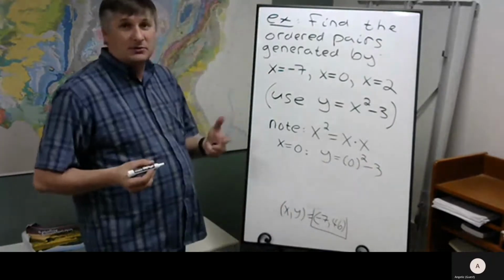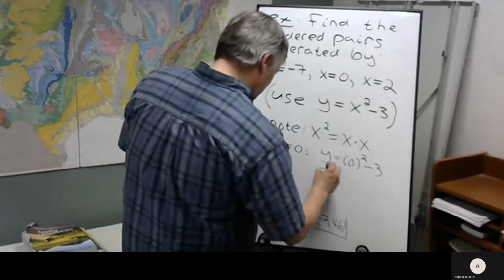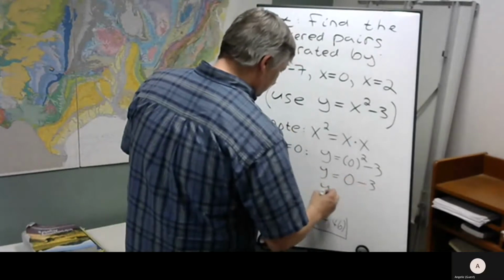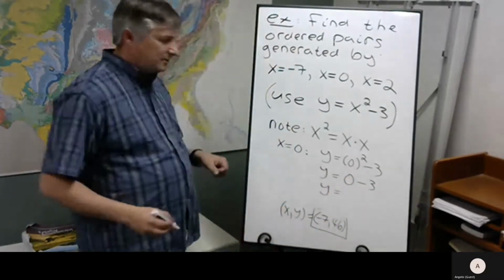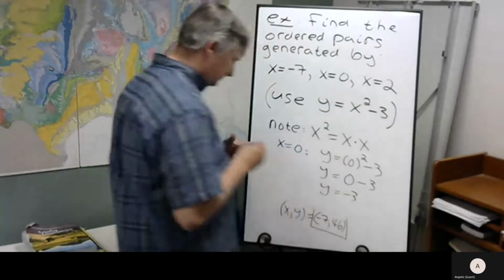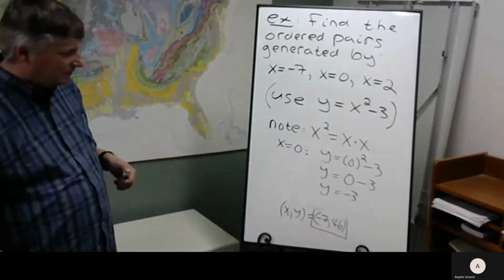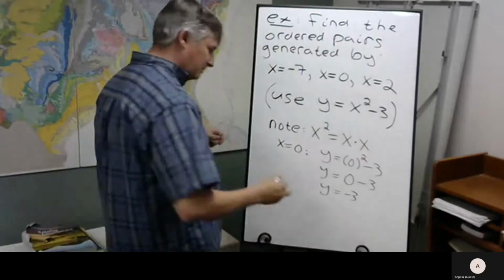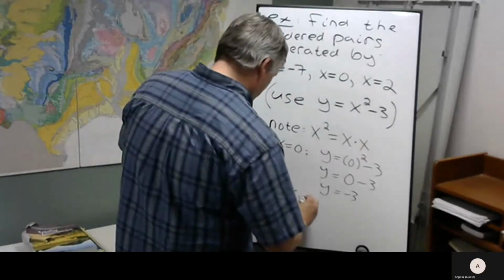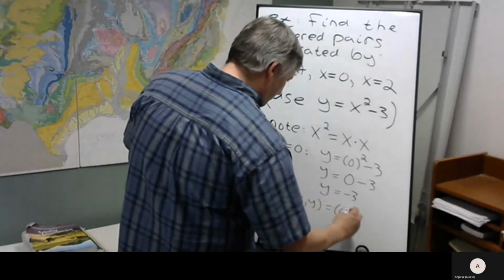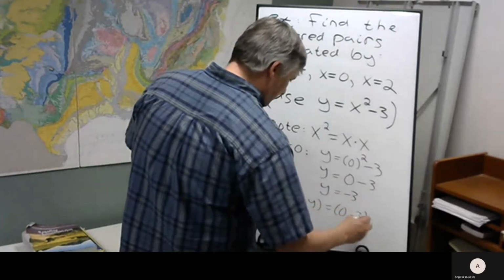So 0 times 0 is 0. And that's going to be -3. So that means x, y is 0, -3.